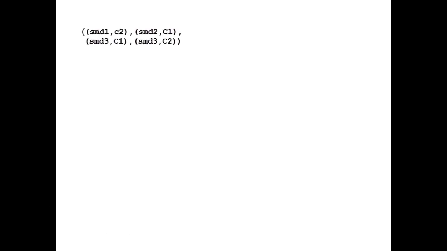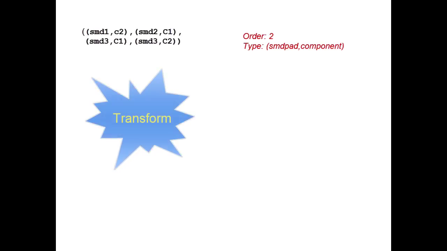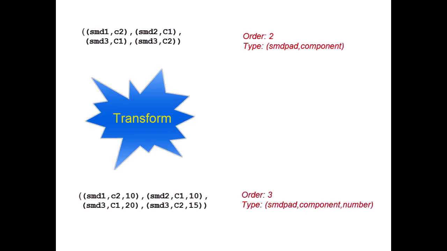Our transformation example took a relation that had pairs of SMD pads and components for every SMD pad and component in the design where the SMD pad was not a child of the component, and transformed it into a relation of order 3 that had every SMD and component in the design along with the distance between those two objects.